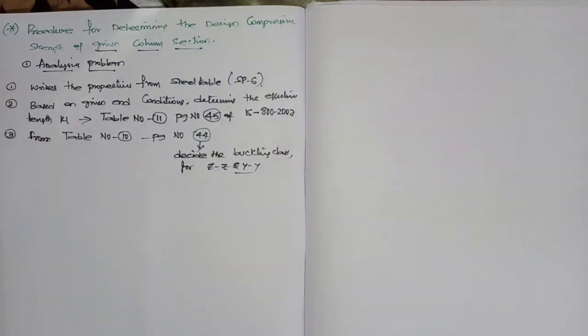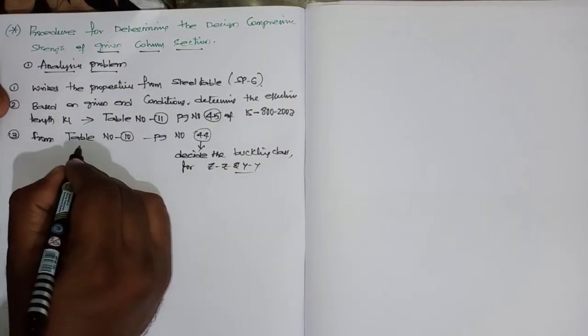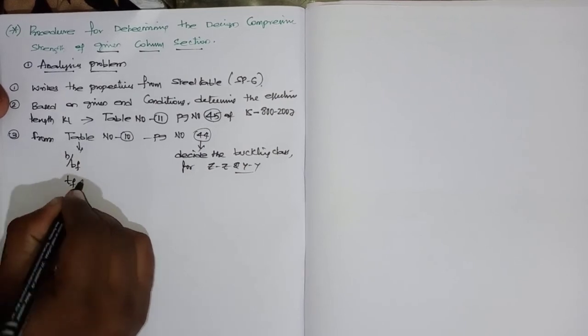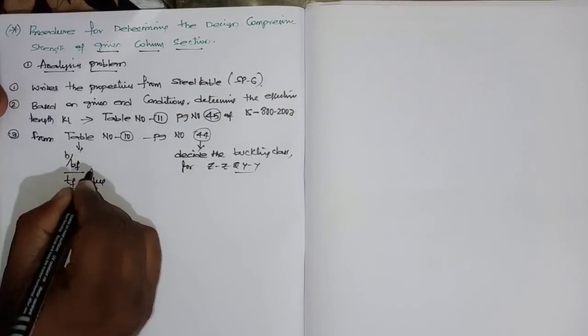On what basis will you decide? That is the h by bf ratio and tf value. Based upon these values you are going to decide.